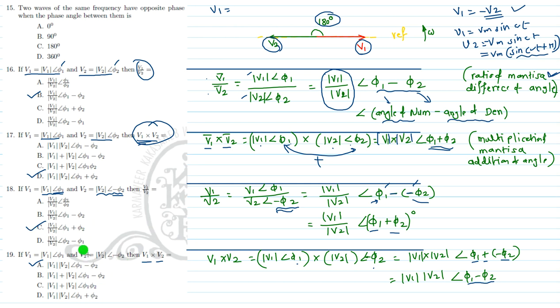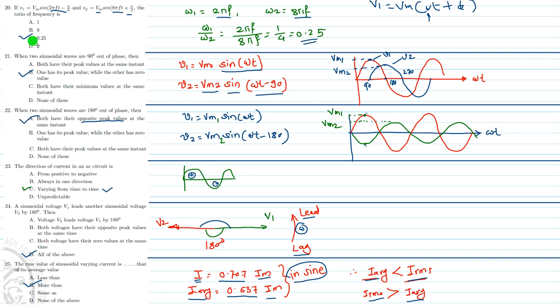Here phi 1 and here it is minus phi 2. When you multiply this, it gives mod of V1 into mod of V2 at phi 1 plus minus phi 2. The angles must be added, but this angle is already minus, so it gives minus phi 1 minus phi 2. So the correct option is option A.